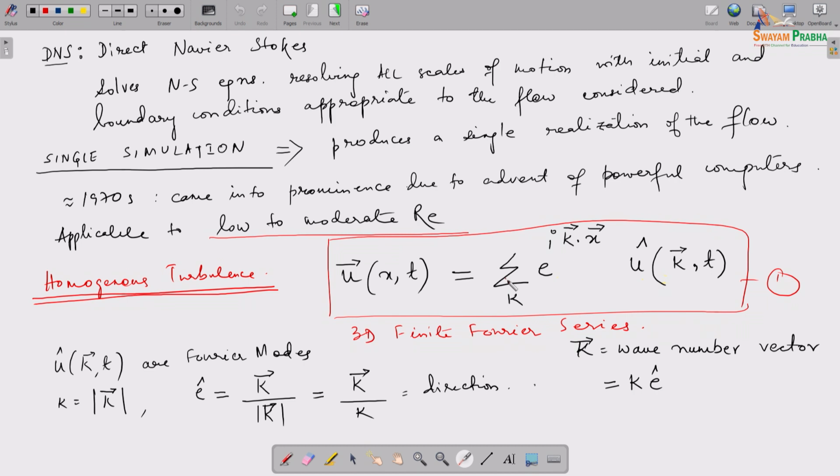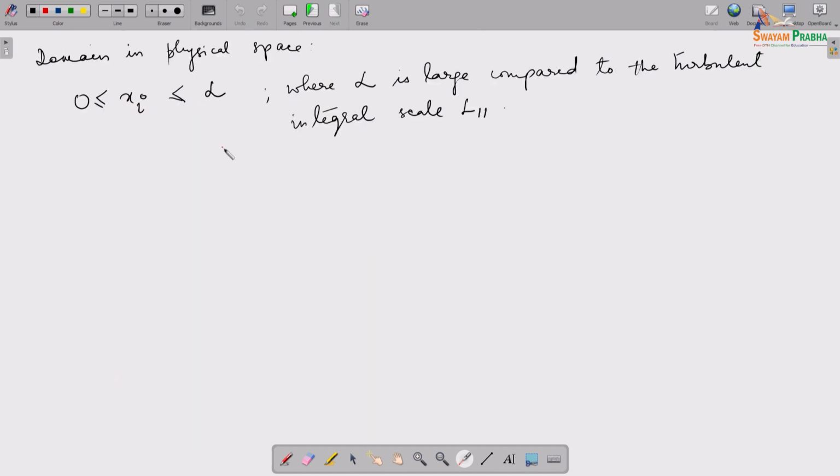That domain is L, where L is large, so the scale where I integrate is well within this L. So K naught is the lowest wave number, 2 pi by L. L is very large compared to the integral scale, and K naught is the lowest wave number, because this essentially means that I have the wave which completely covers this L. So that's the wave number that we are talking about.